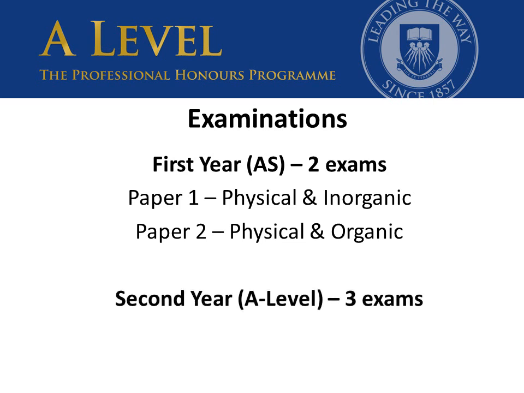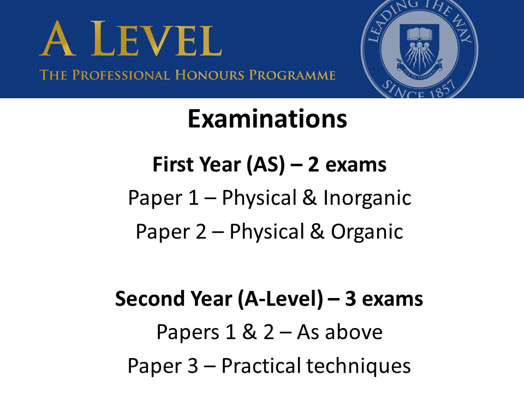Once you progress into the second year and you study for the whole A level, then you have 3 exams. Papers 1 and 2 are split as above, so physical and inorganic for paper 1, physical and organic for paper 2, and they cover topics from both years.